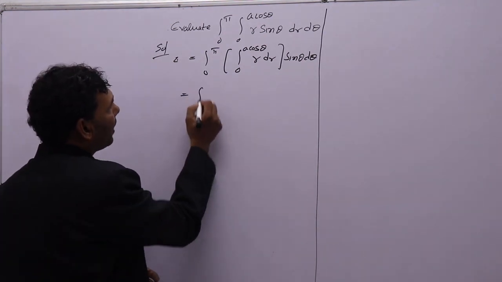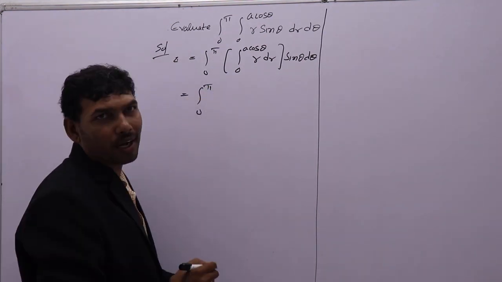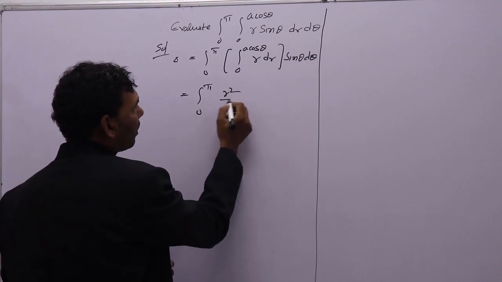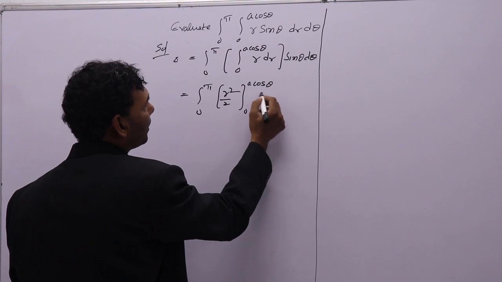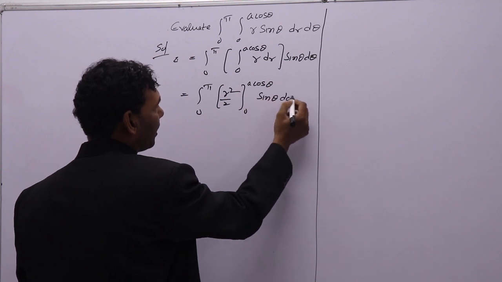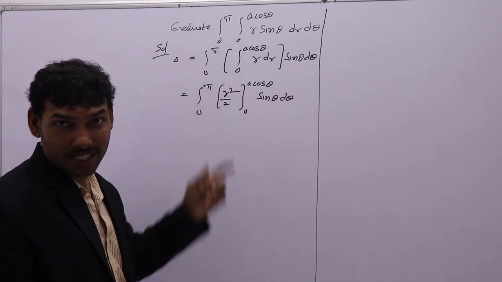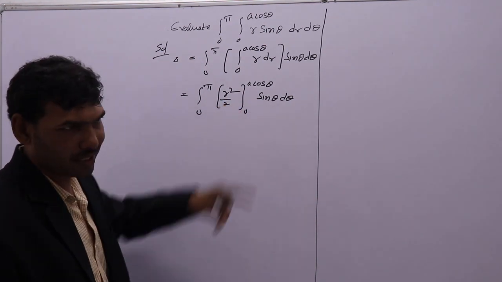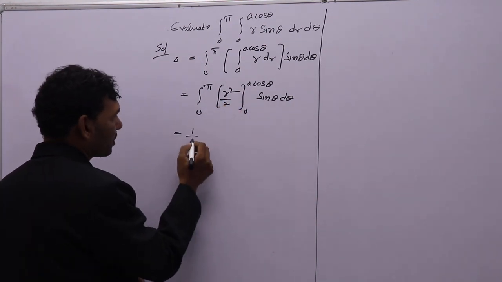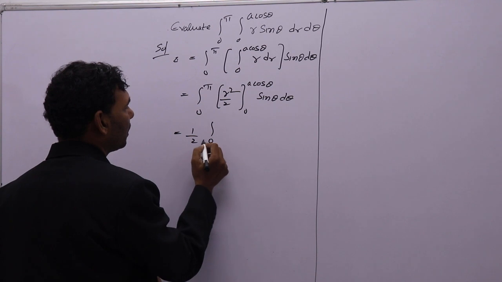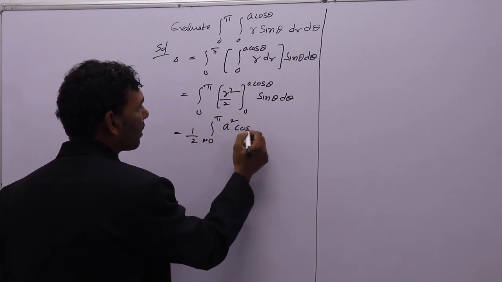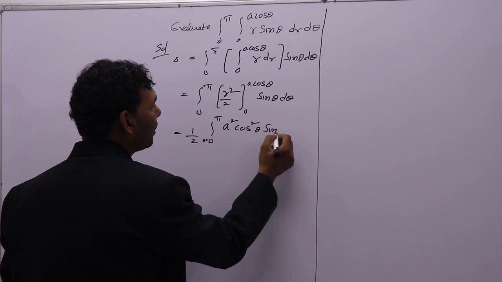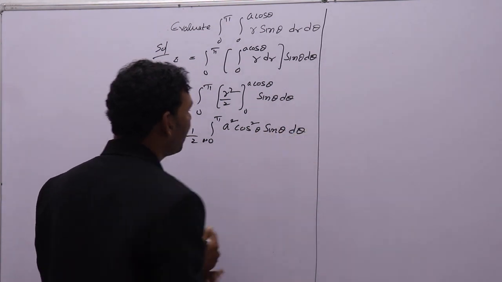If you take like that, integral 0 to pi, integral r dr, r square by 2, 0 to a cos theta, sin theta d theta. Now write in the place of r square a cos theta, then what happens? 1 by 2, theta equal to 0 to pi, a square cos square theta into sin theta d theta.